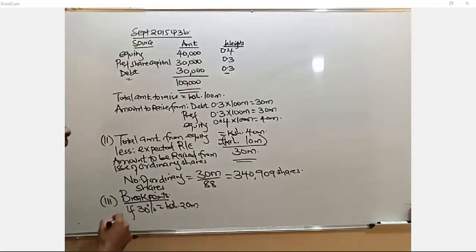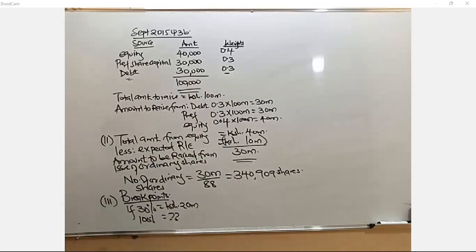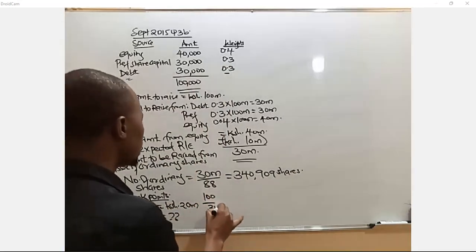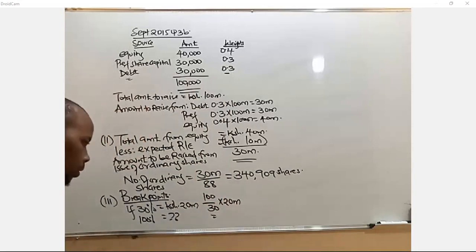What if we utilize this source of finance fully, 100%? How much can it give us if you utilize it fully? It will be 100 divided by 30 times 20 million.